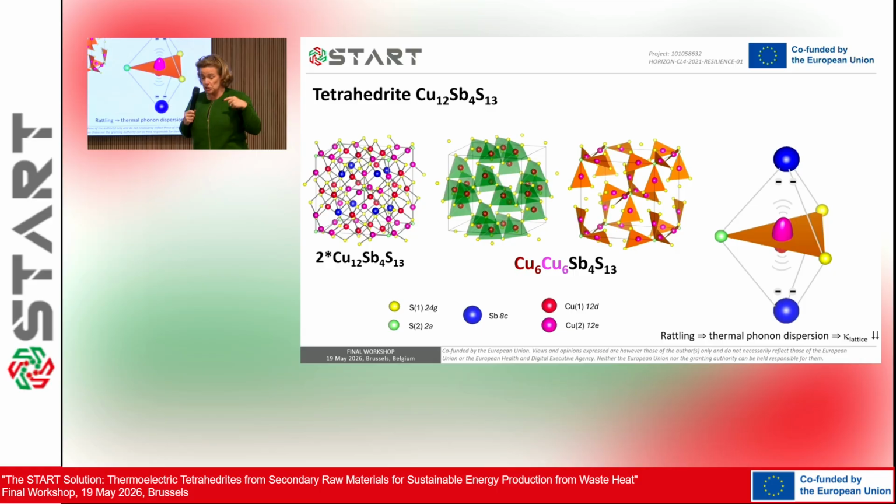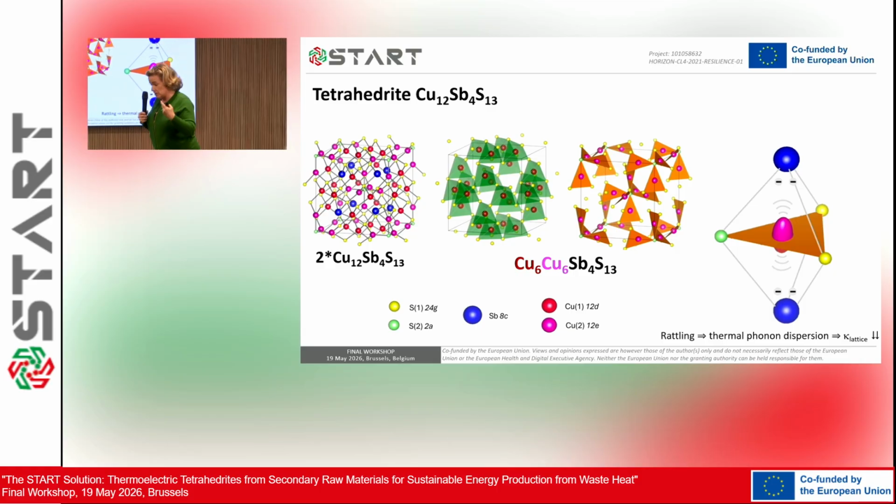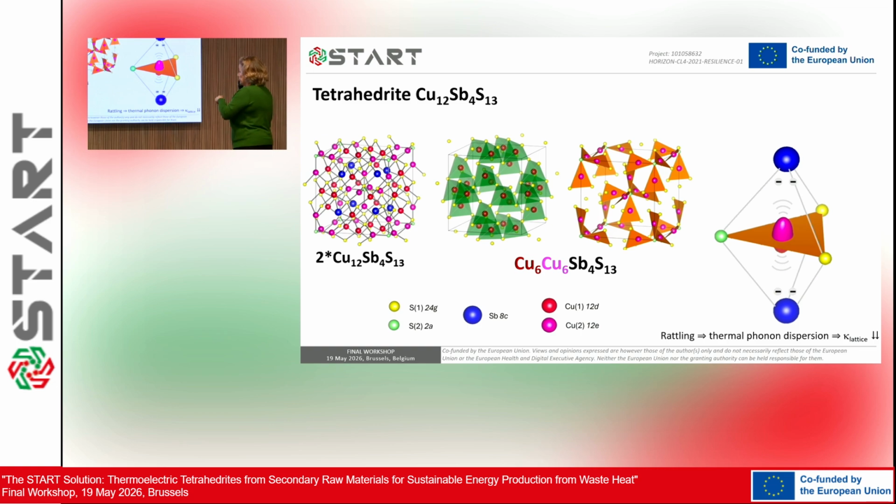And by doing that, it disperses phonons, which are the ones that carry heat. And that's why the thermal conductivity of tetrahedrite is very low. And this is very important because the mean free path of these phonons, which are dispersed and which are responsible for the very low thermal conductivity, is at atomic level.